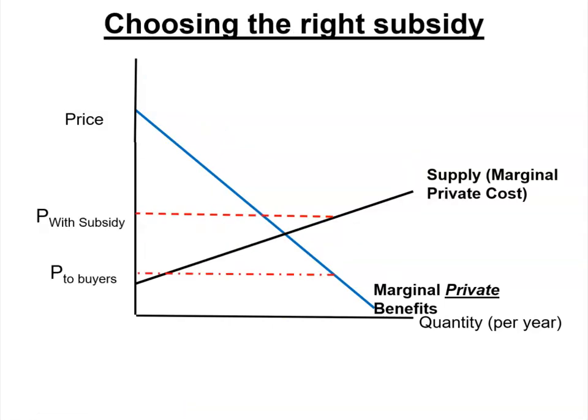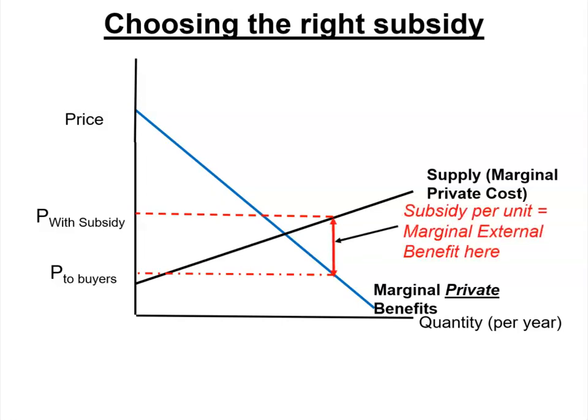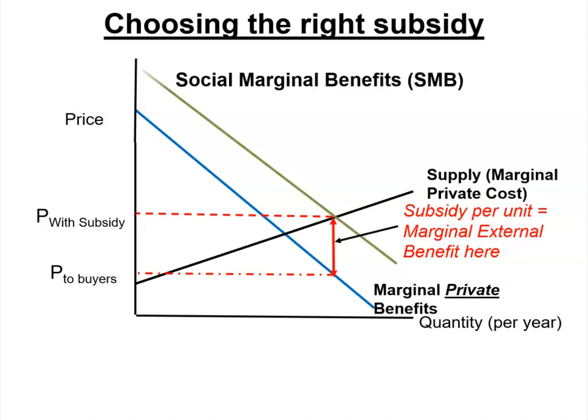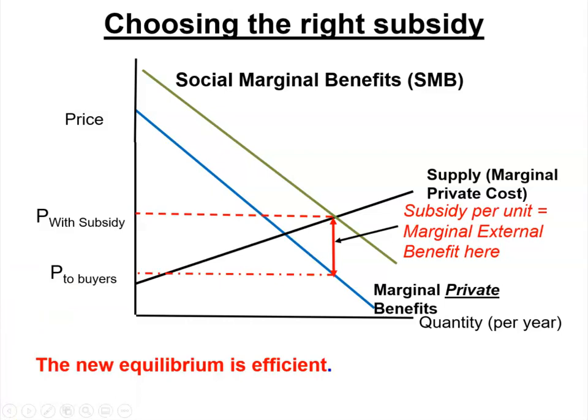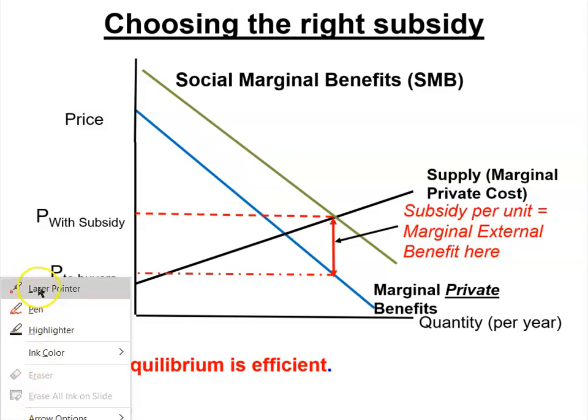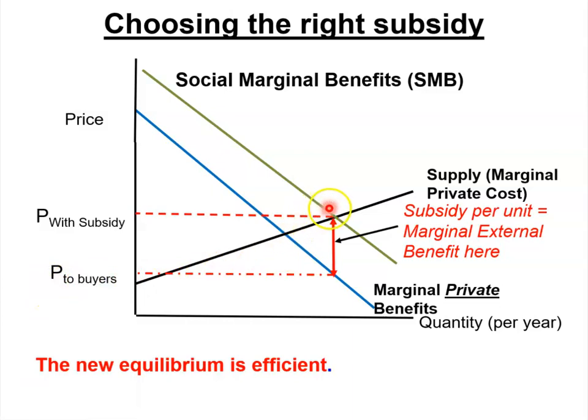We want to choose the right subsidy so that the subsidy that we're offering to producers is just equal to the marginal external benefit that they provide. So we want, in other words, to get a new efficient equilibrium, and that's going to be where marginal social benefits are equal to marginal social costs. Let me see if I can get my laser pointer so I can point to that spot.